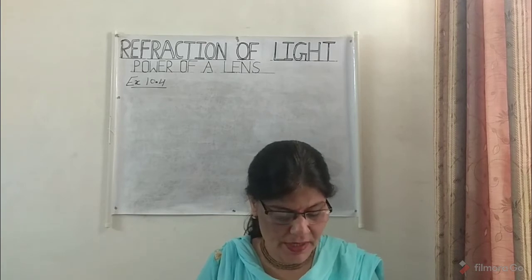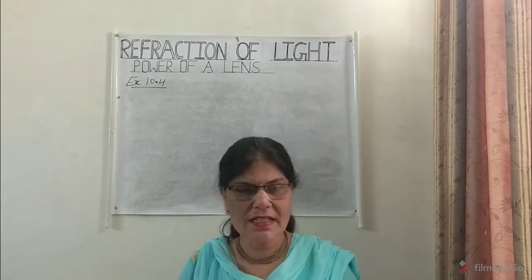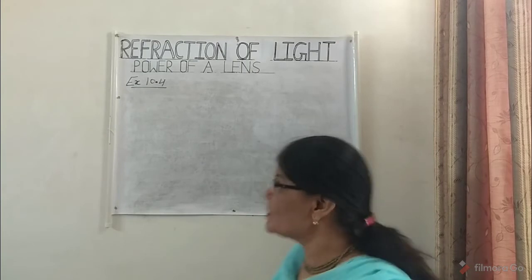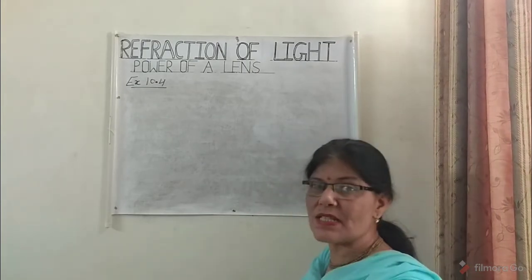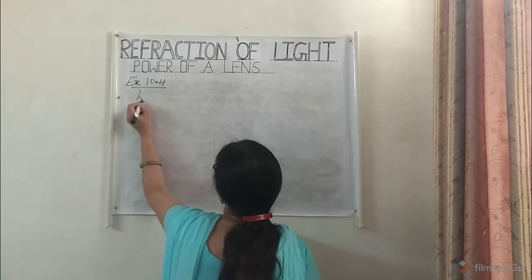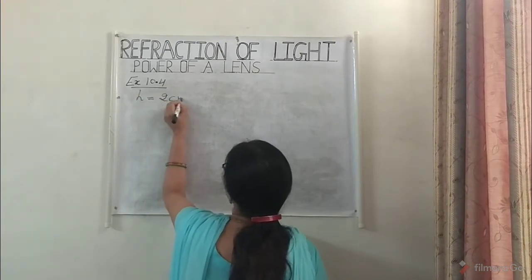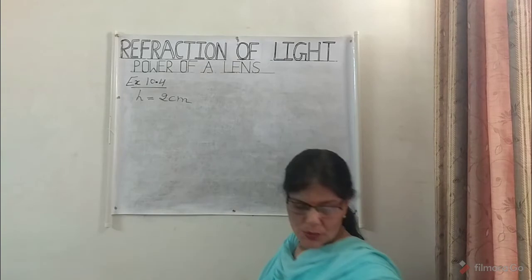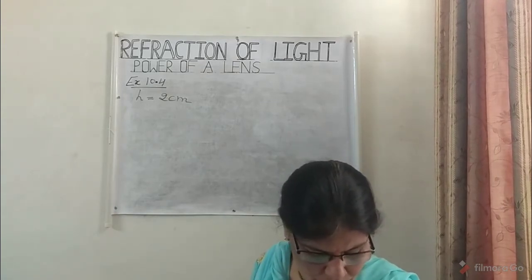A 2 cm tall object means the size of the object is given to you. So in this case, H is 2 cm. H is given to you, and what else is given to you?